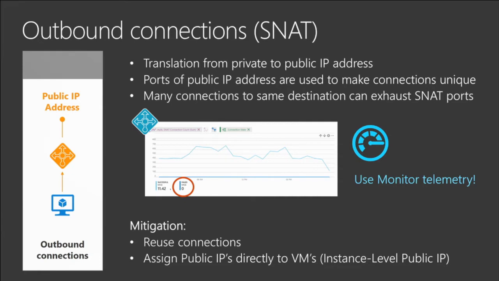So it's all the ephemeral ports that are part of the IP communication. And many connections to the same destination, which could be PaaS services in Azure, it could be a DNS server somewhere, it could be lots of different things, can exhaust the SNAT ports. This will tell you if you do. So common mitigation for that is you either configure your application to reuse connections or you assign public IP addresses to the VMs.